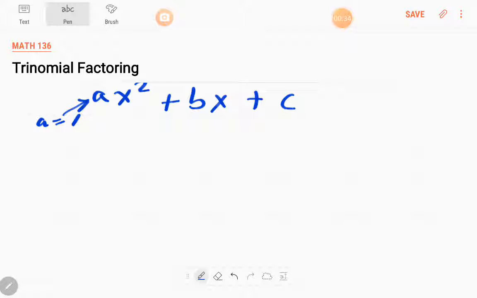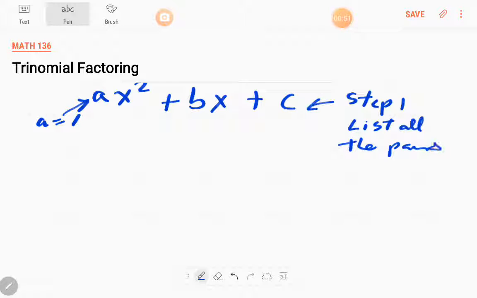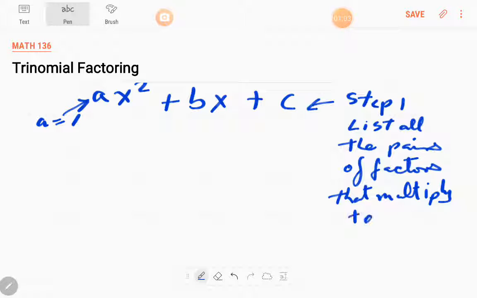Okay, so the first step, step 1, is that we will list all the pairs of factors that multiply to equal c, our constant.